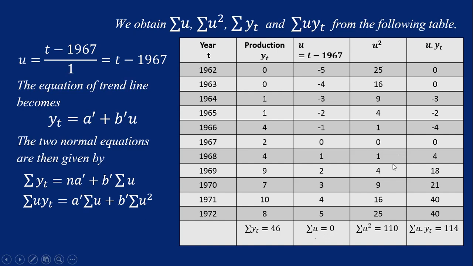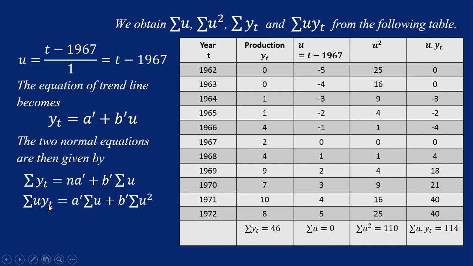Now summation u square, adding all these values, we get summation u square is 110. Then here we require summation u yt. Adding all these values we get summation u yt is equal to 114. Summation yt is 46, we substitute here.